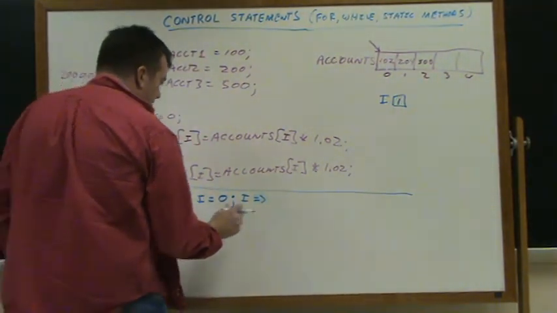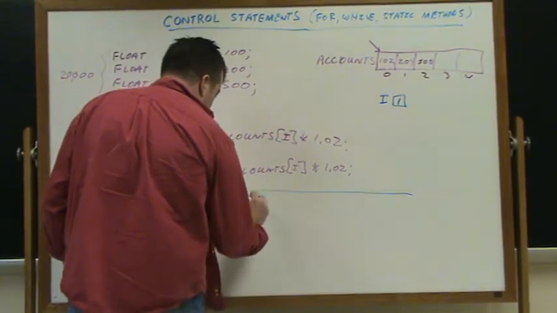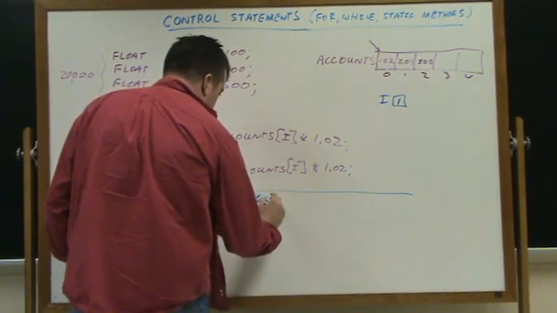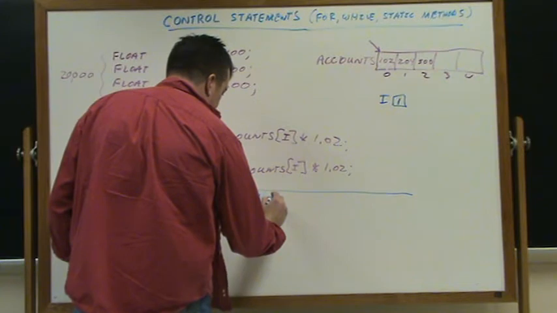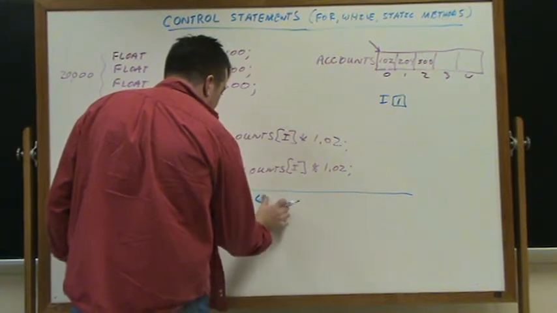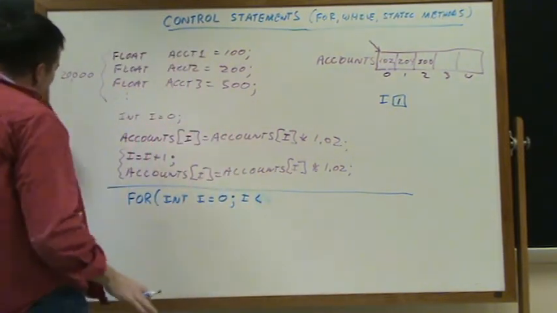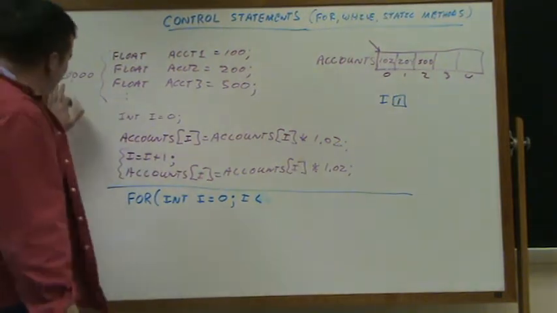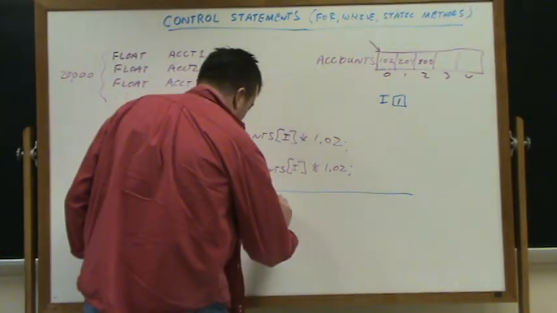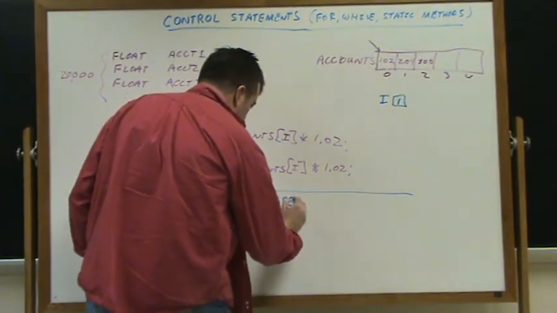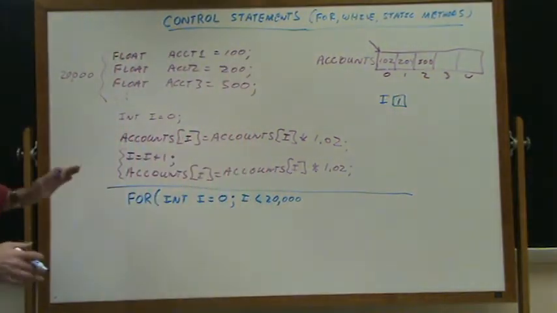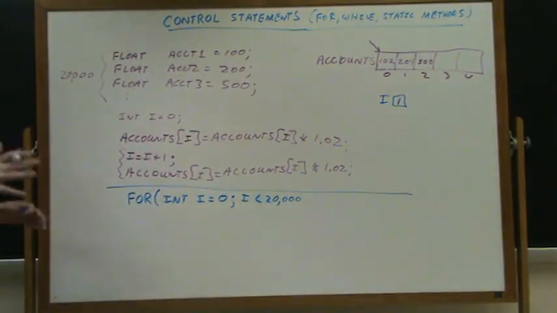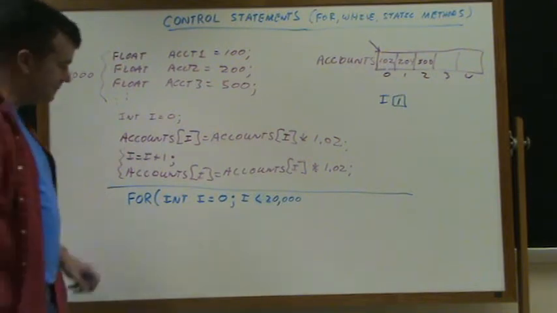I is less than or equal to... Well, this is just a detail of exactly when it stops, but let's say as long as it's less than 20,000. That means as long as it's 19,999, it'll go, but then it'll stop at this point.